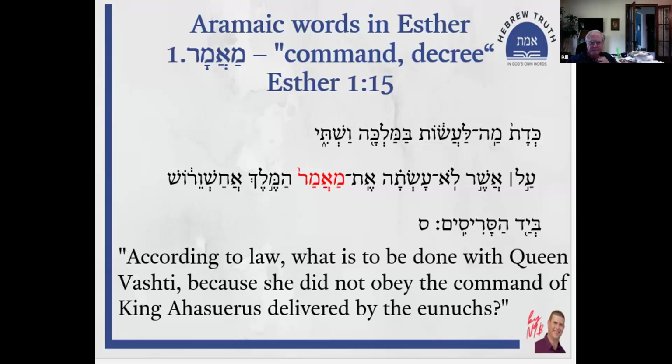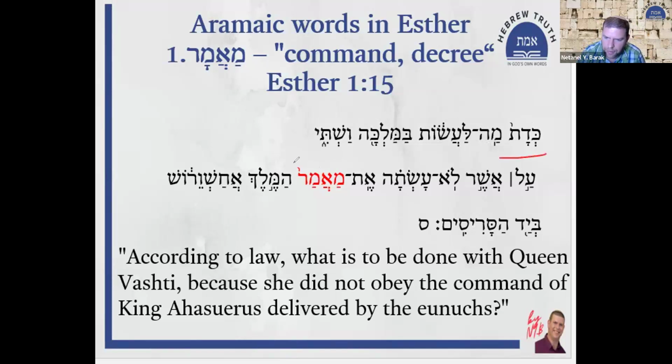Right. So, few interesting words here. We didn't talk about Vashti, which possibly means the most beautiful. There are different suggestions, but the word ma'amar is a word that we know the root aleph mem resh, no doubt.